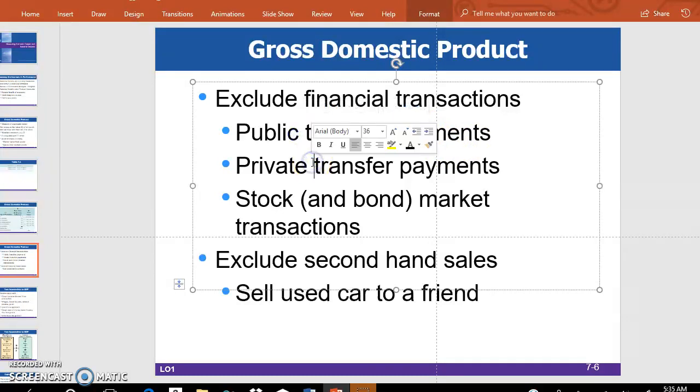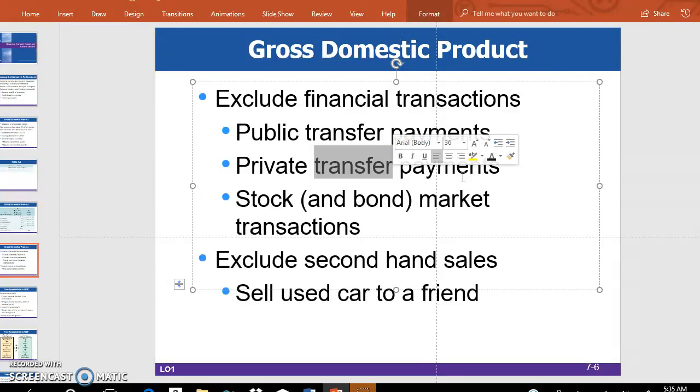On the other hand, we have private transfer payments. They do not involve production. This is also like private charity, charity donations, right? So they also do not give anything in return.